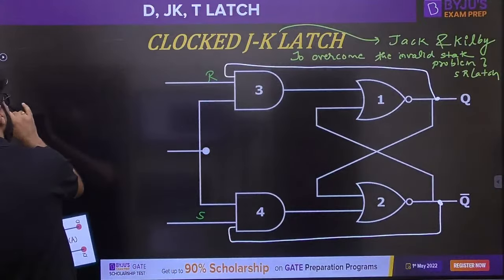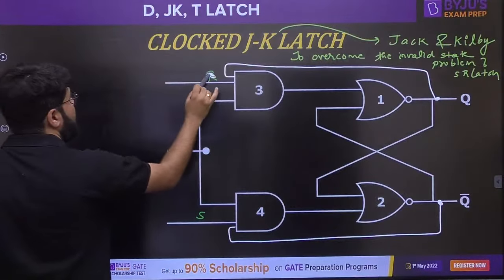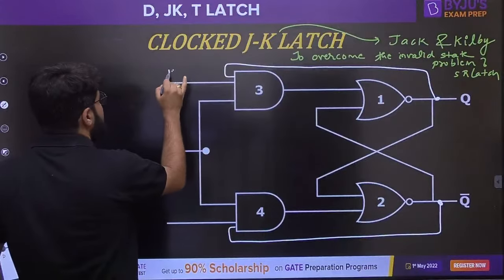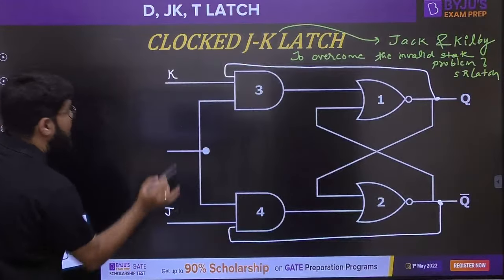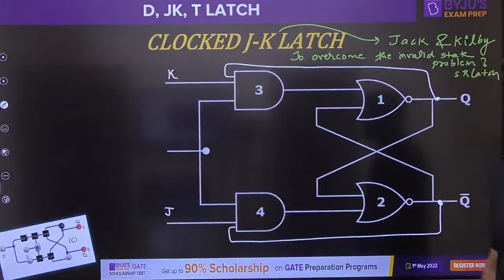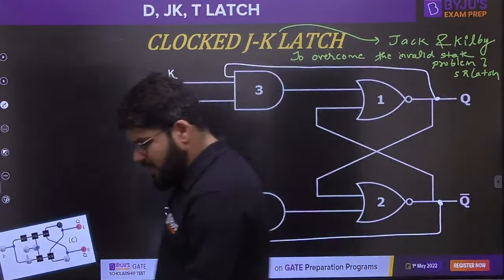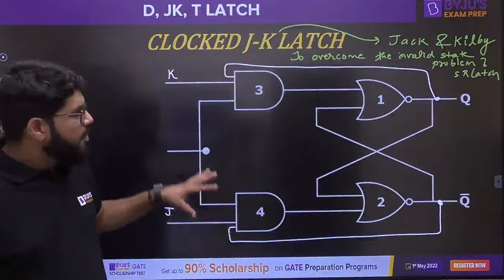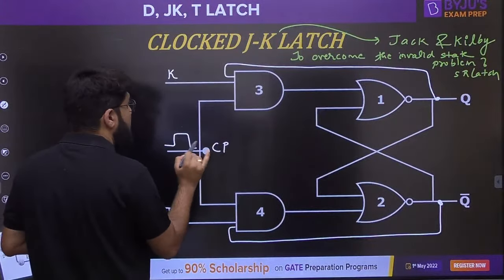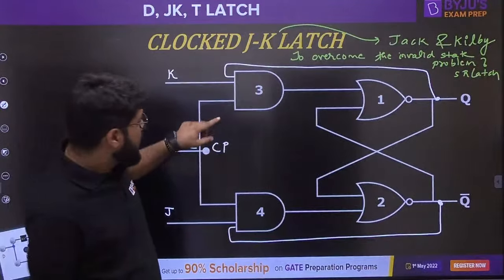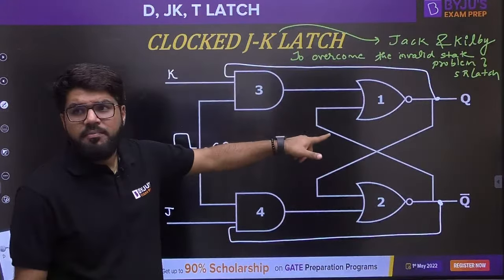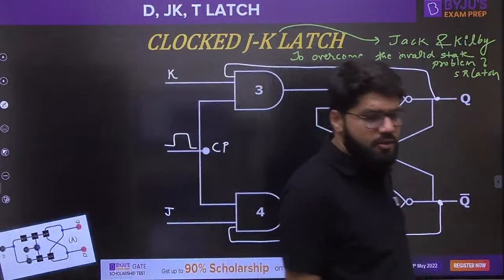And now we don't call these inputs S and R. We are rather going to call these inputs J and K, the Jack Kilby inputs. I will explain in detail, but from the beginning you see that this is the clock pulse, and both the AND gates are fed with complemented inputs. One is fed with Q, one is fed with Q bar.